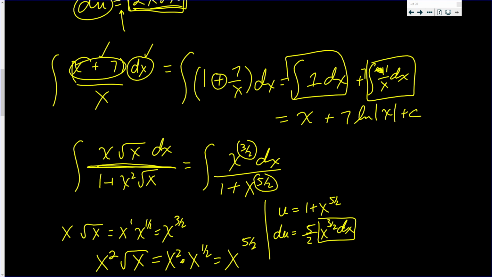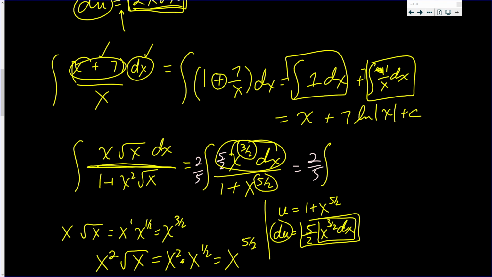Well, I have this part sitting right there. All I'm going to do is put in the 5 halves and then pull out the reciprocal. So there's the 2/5 in front. Now all of this is du.